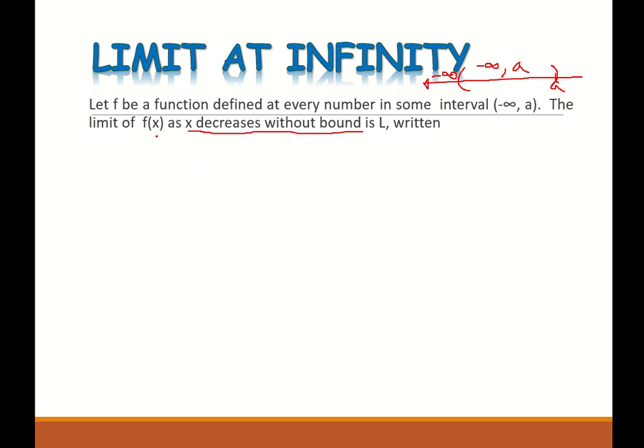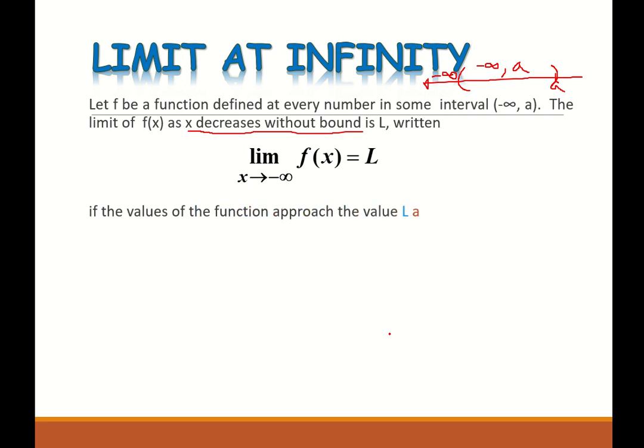The limit of f of x as x decreases without bound is L, and it is written in this expression: the limit of f of x as x approaches negative infinity equals L. The condition here is that the values of the function approach the value L as the values of x become smaller and smaller. Okay, that's the condition for this statement.